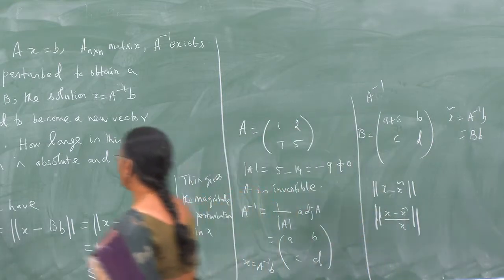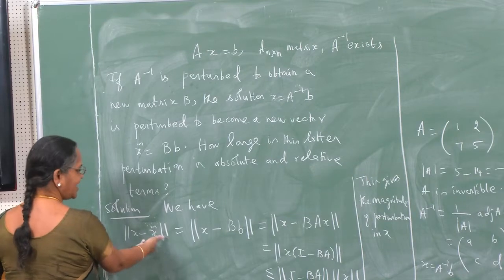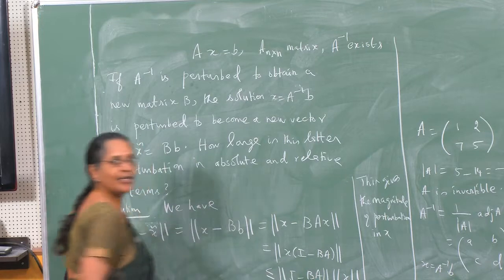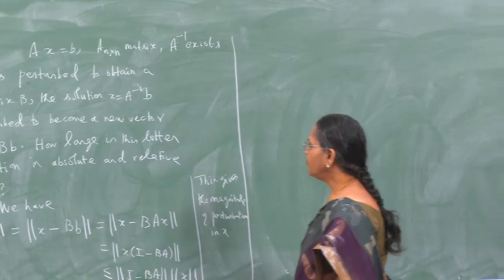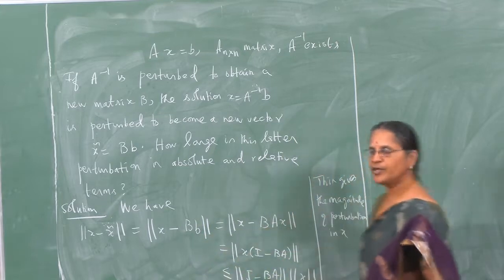So, you have in absolute terms the magnitude of the change in x, so that this cannot be greater than this value. So, let us discuss the details when we want to give the result in terms of relative magnitude.